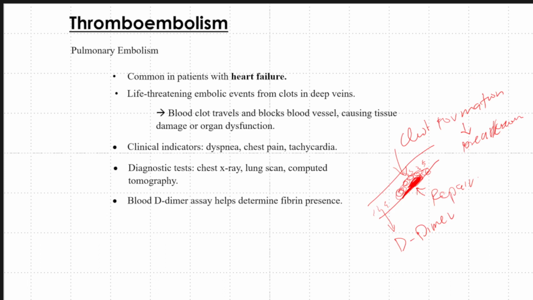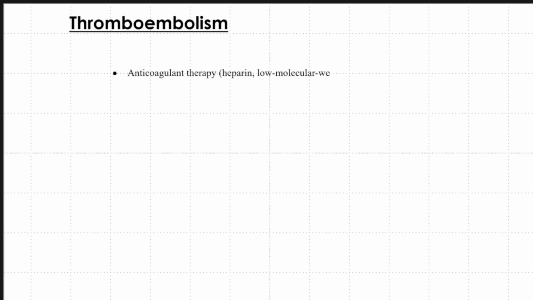Okay? So, next is thromboembolic therapy for massive emboli. Anong mga thromboembolic therapy natin dito? So anticoagulant therapy, yung na-mention natin is heparin and low molecular weight heparin. There is the thrombolytic therapy for massive emboli, and they can be considered long-term therapy as well as warfarin.